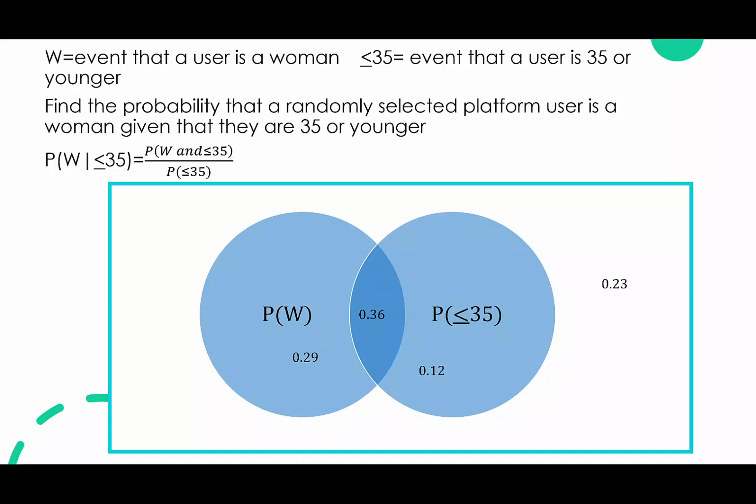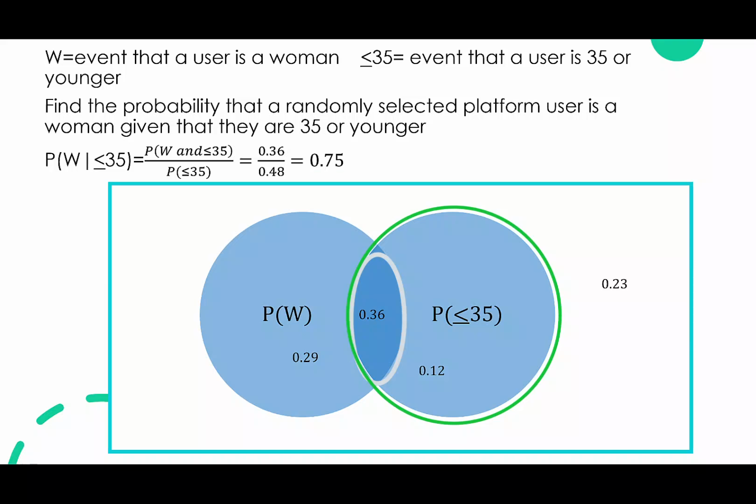Then we're going to divide by the probability of being less than or equal to 35. So we know our numerator. Probability of W and less than or equal to 35 is this 0.36 that's in our intersection. Then the probability of being less than or equal to 35 is this whole circle, which is 0.48. So we have 0.36 over 0.48, which reduces nicely to 0.75.